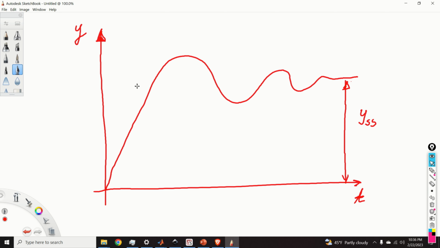First, let us explain the overshoot. This dashed line is the steady state value, YSS.